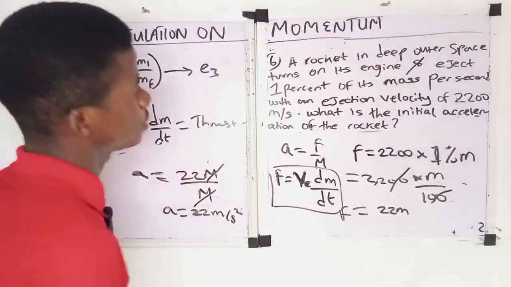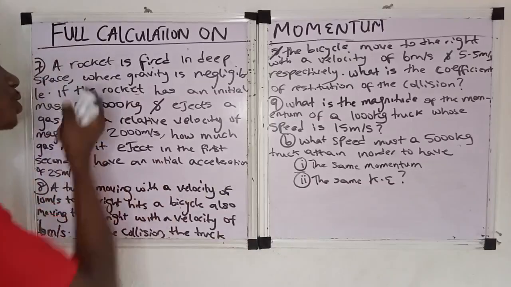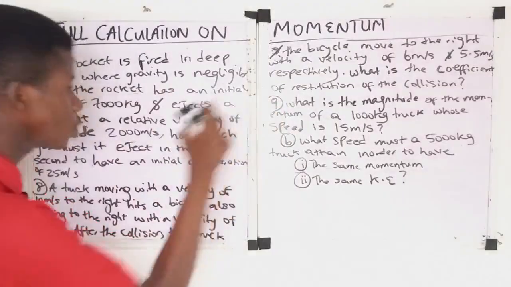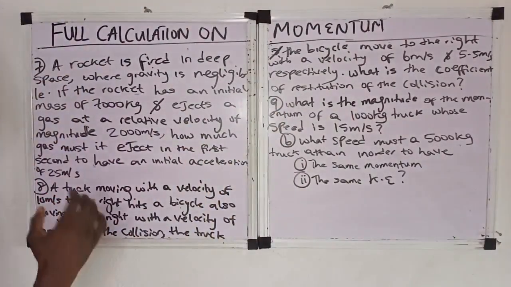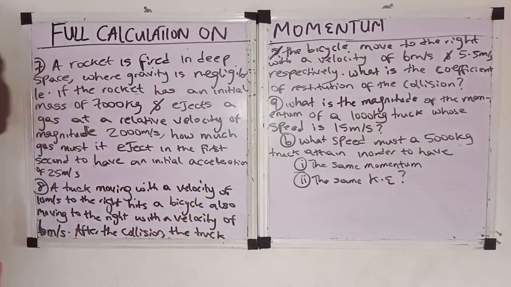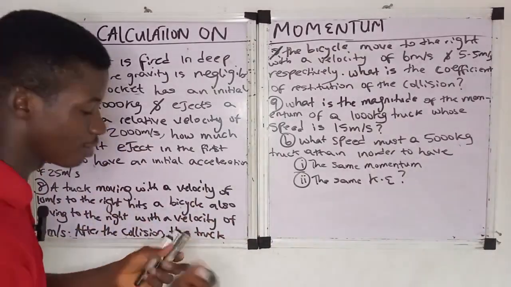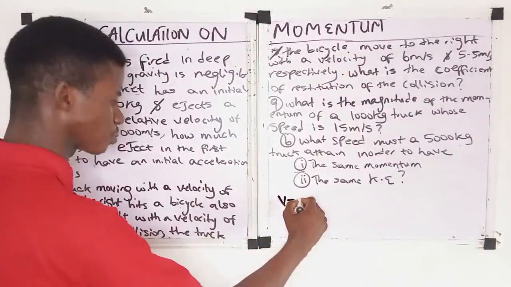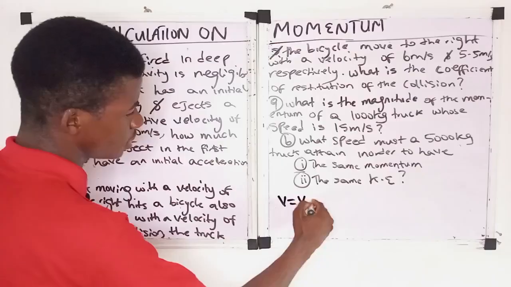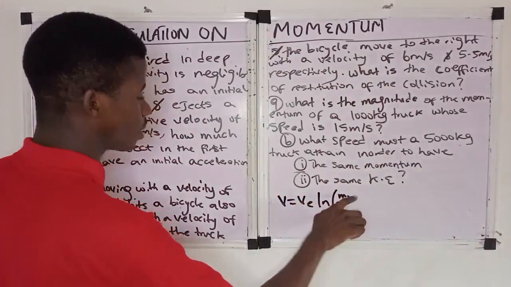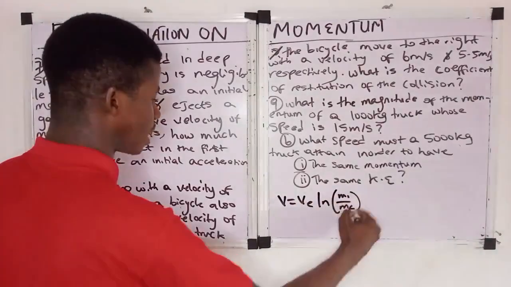Now let's do other questions. So we continue with the next question, which is question 7 to question 9. Question 7 is a rocket propulsion problem. Remember I gave you the formula for rocket propulsion, and one of them is V equals VE natural log of M initial over M final.